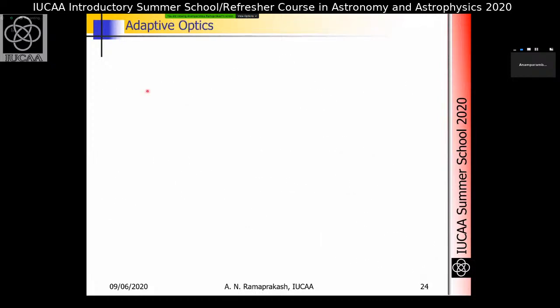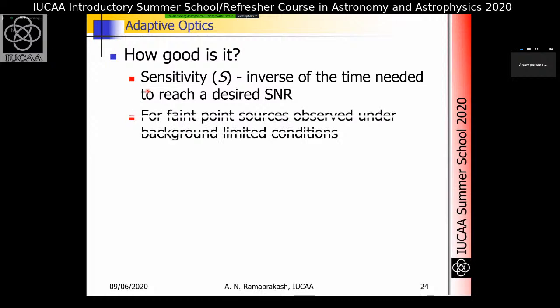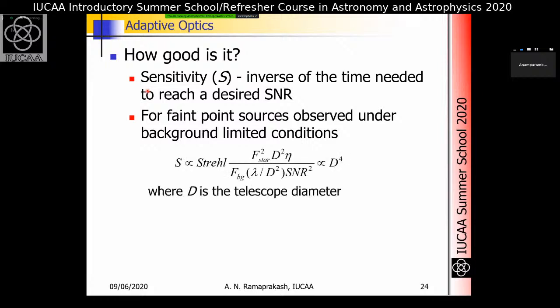Now, let me finally tell you, this is my last slide, to quantify why adaptive optics is so important. And that is quantified by this expression here, where I denote the Strehl in terms of the signal to noise ratio for a star of given brightness and a sky of a certain brightness.